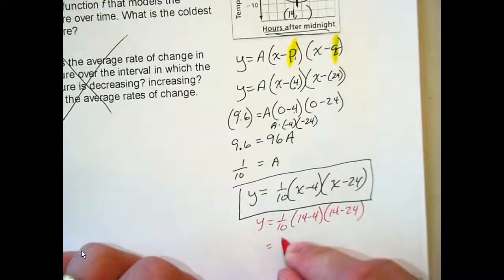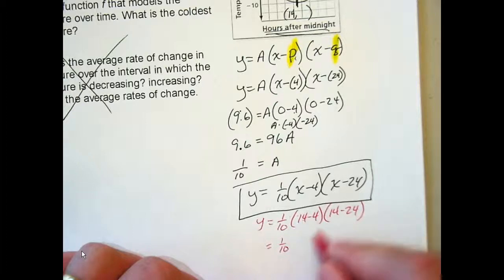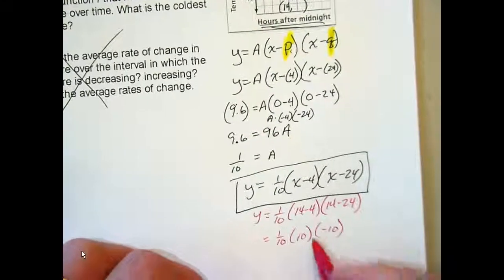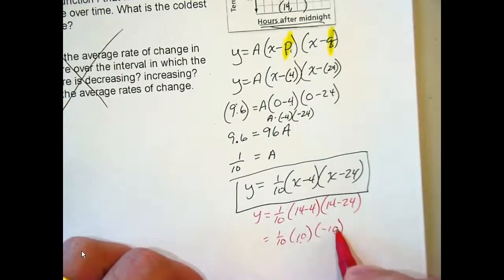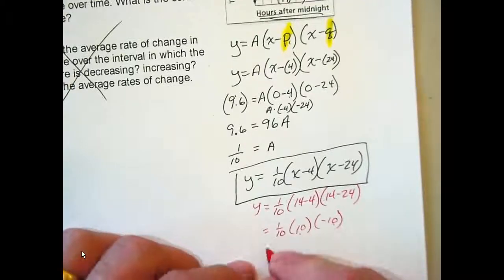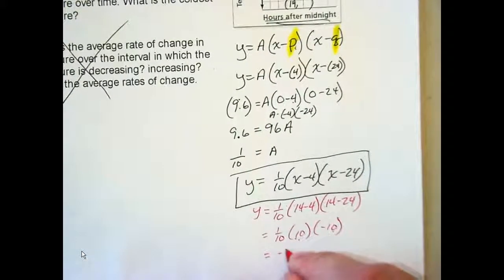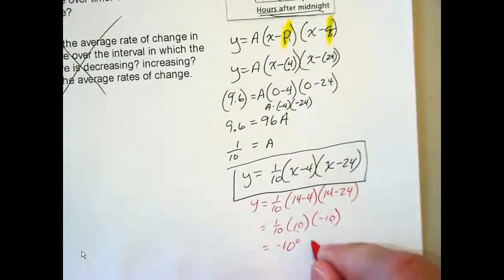That's -10, and that one's -100, and 1/10 of -100 is -10. And that is Celsius.